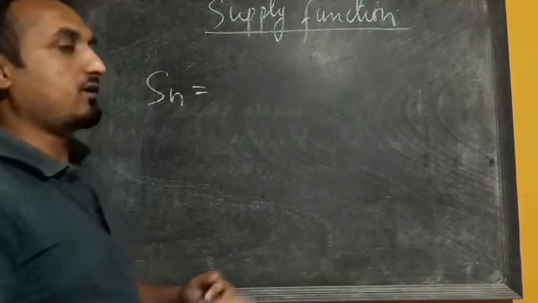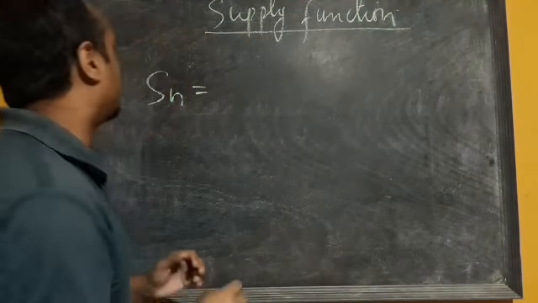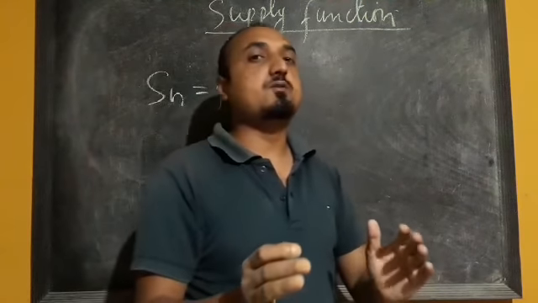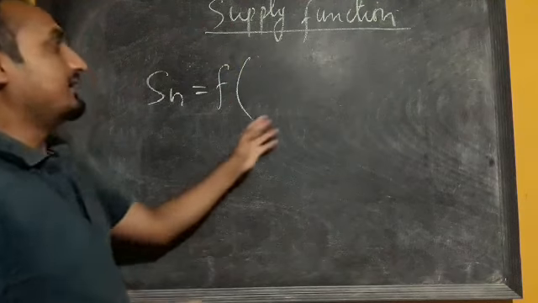Sn is supply of n number of commodities. Supply of a commodity depends on various factors, so it shows the functional relation between supply and its determinants.